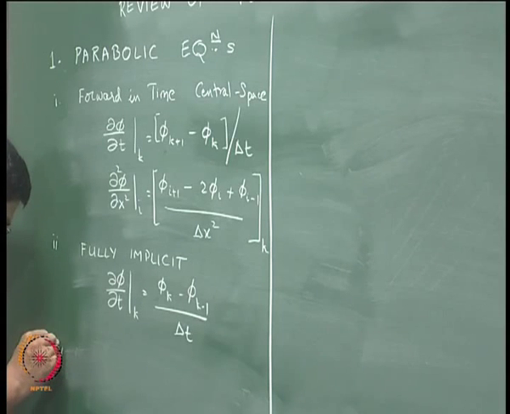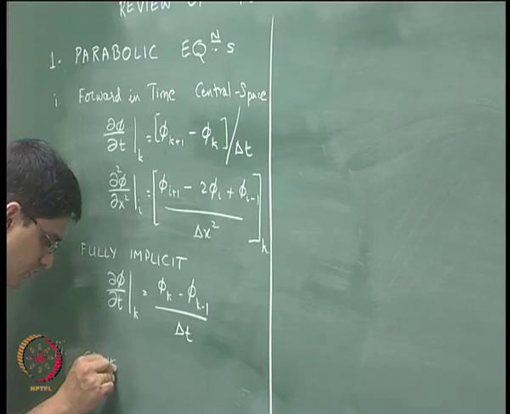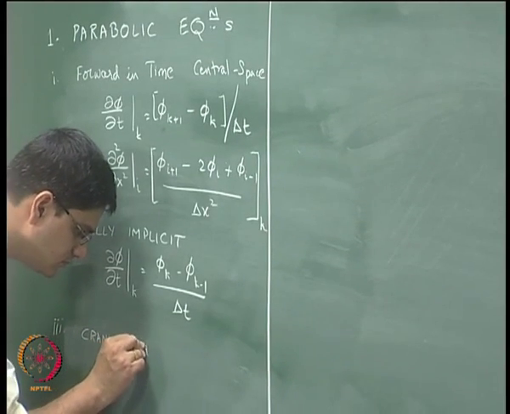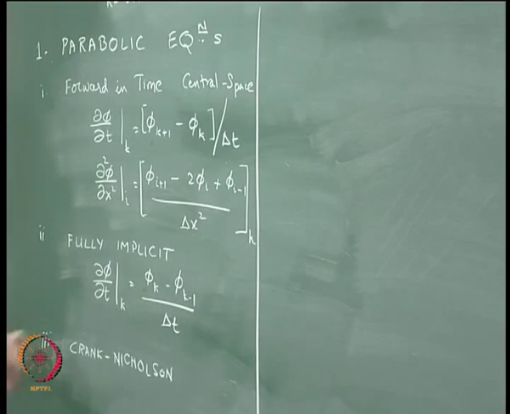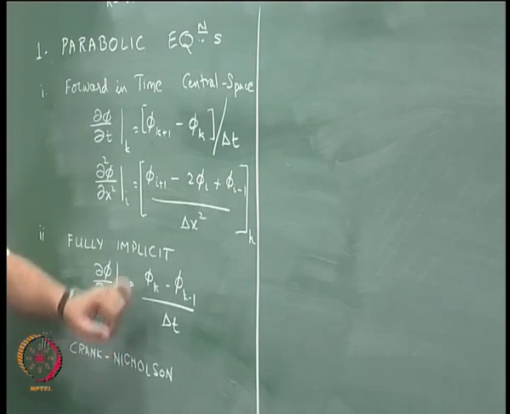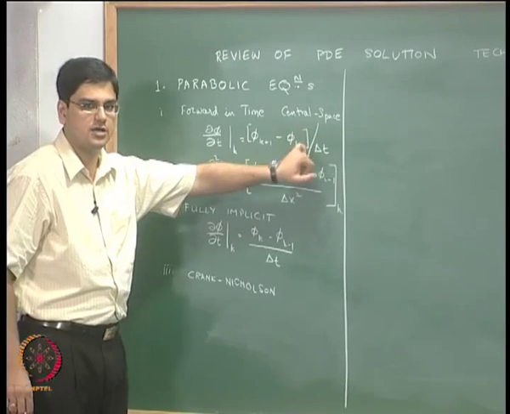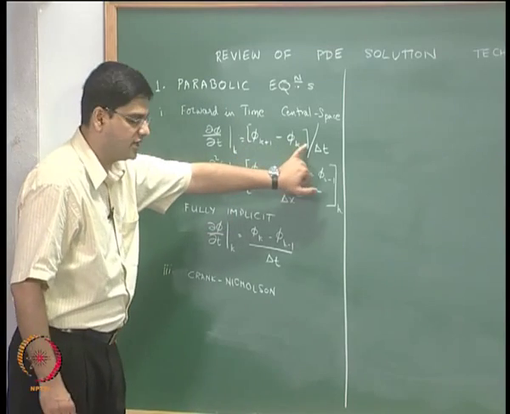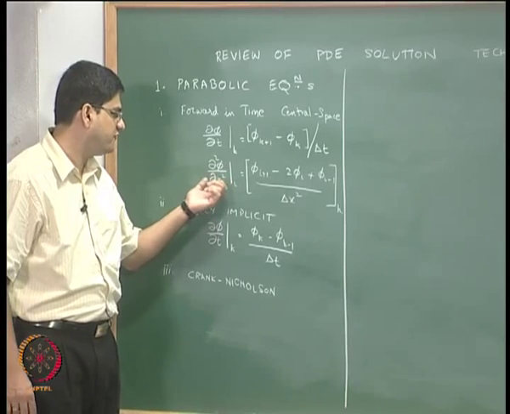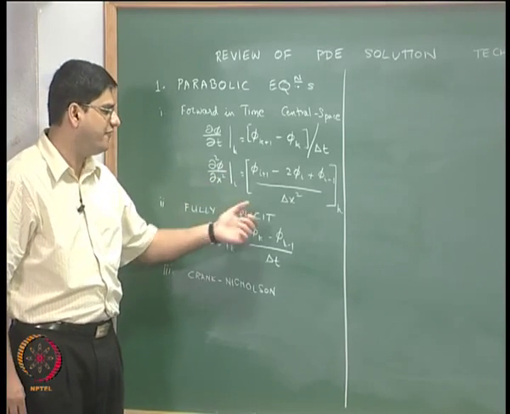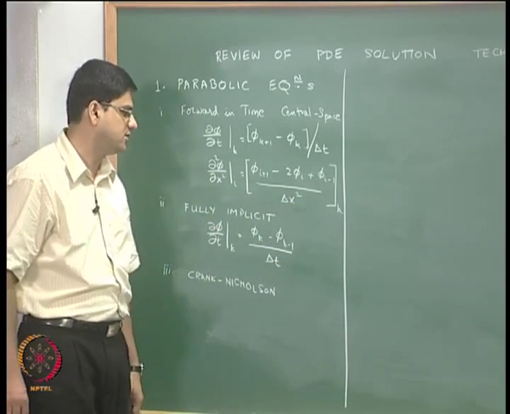The third method we discussed was the Crank-Nicolson method. In the Crank-Nicolson method, we use the explicit, that is the forward in time kind of discretization in the time domain. However, in the spatial domain, we take d square phi by dx square to be the average of this term computed at k and this term computed at k plus 1. Okay.